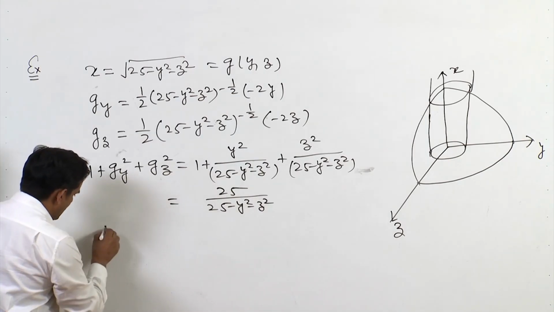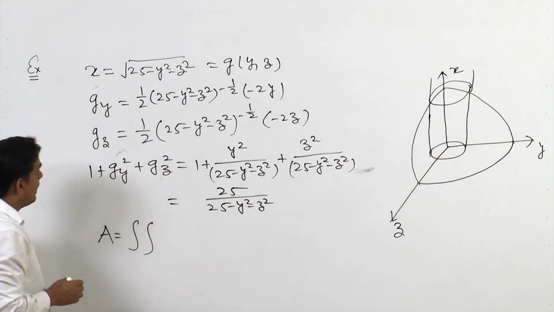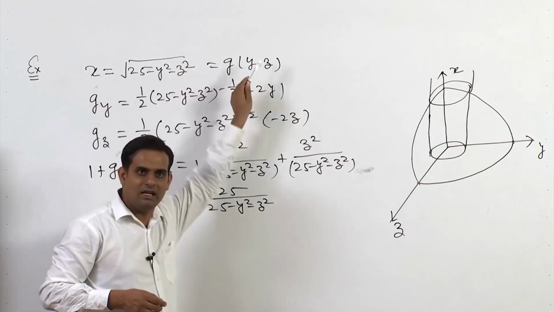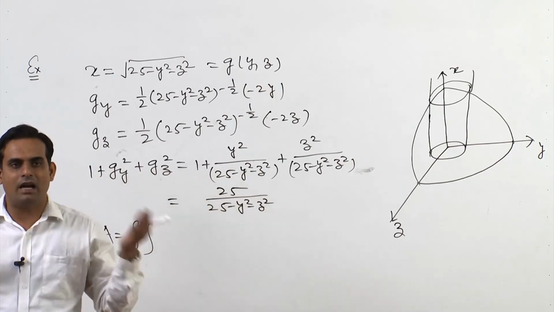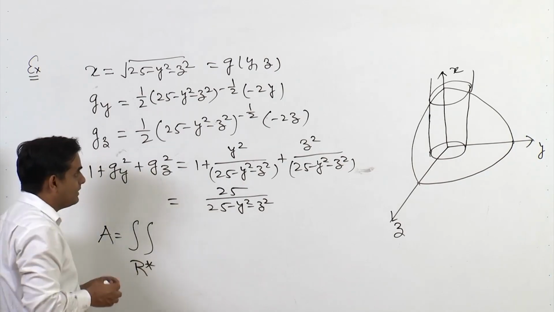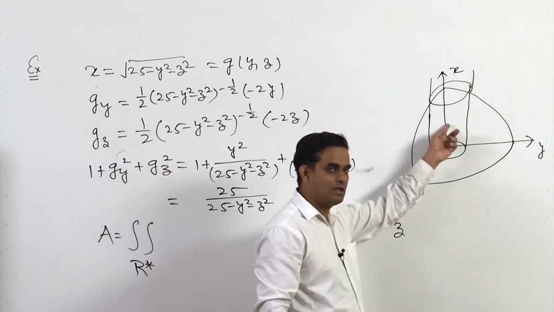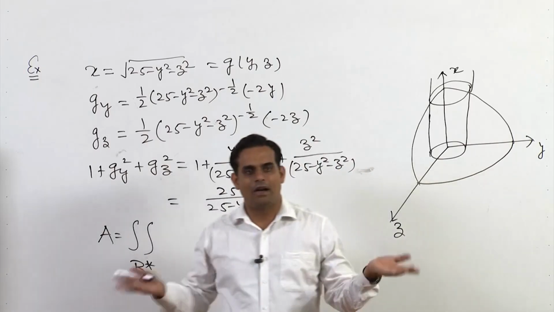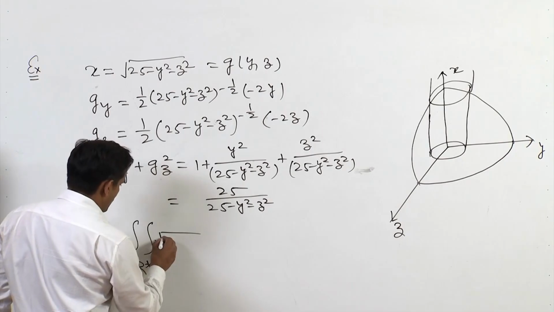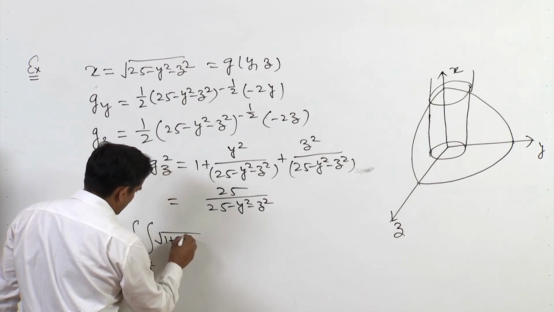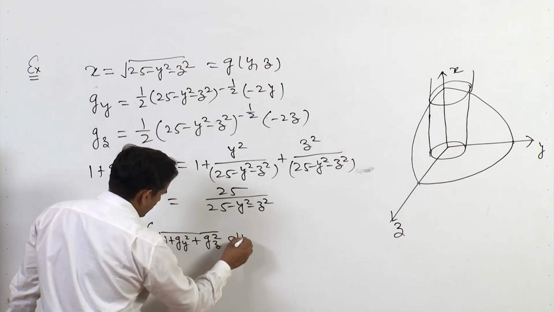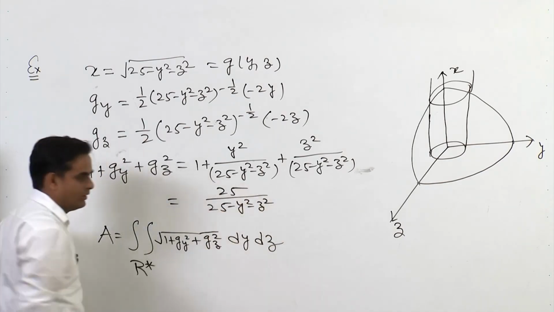Now, surface area: I am writing the equation of the surface as x equals g of yz, so I will project it on the yz plane. Now this r star is the projection of the region common to the cylinder and sphere on the yz plane, and then square root of 1 plus g y square plus g z square dy dz.